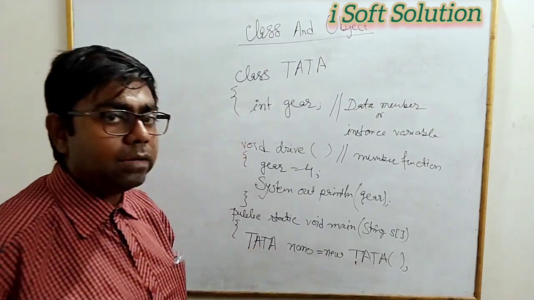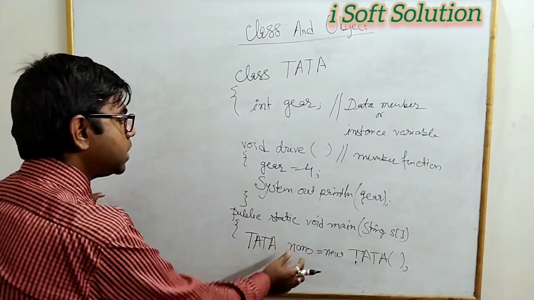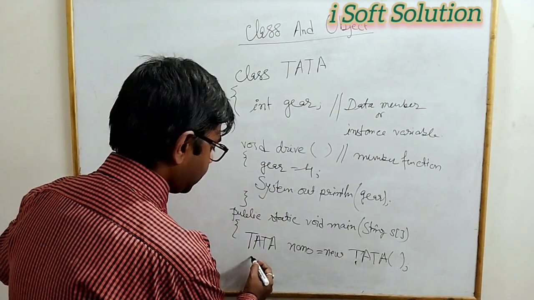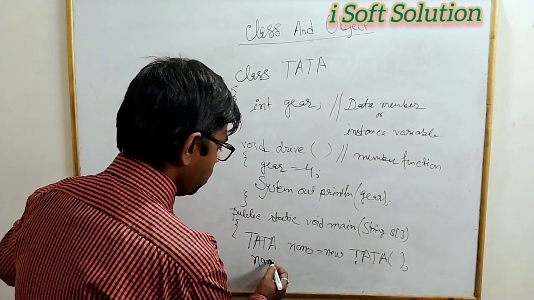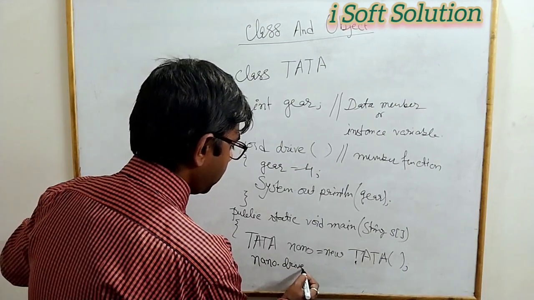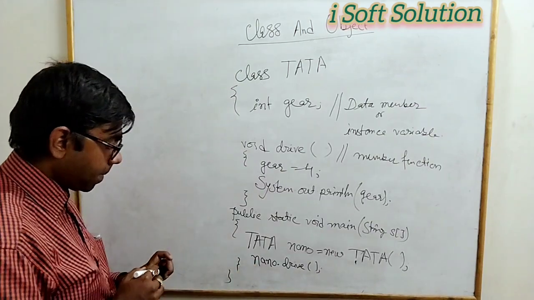Now nano is nothing but an object of the Data class, and with this nano object we can easily access this data member using dot access operator like nano dot drive, and that's it. Finish the program.